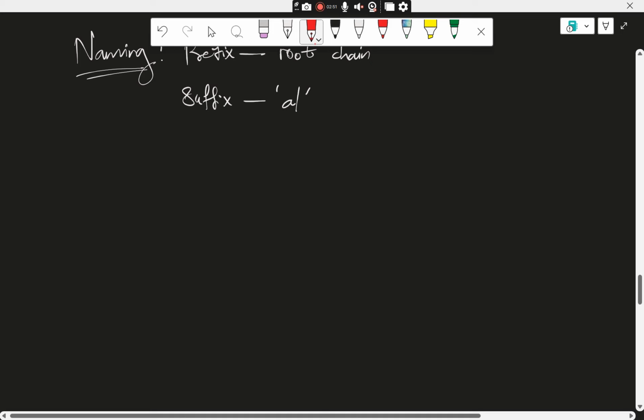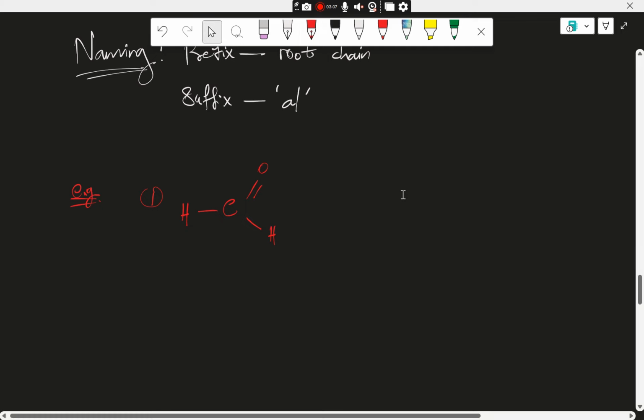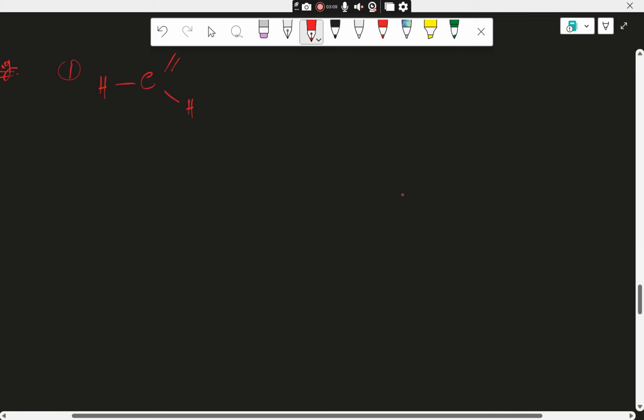So, an example of how this looks. Let's start with methanal. Methanal will look something like this.